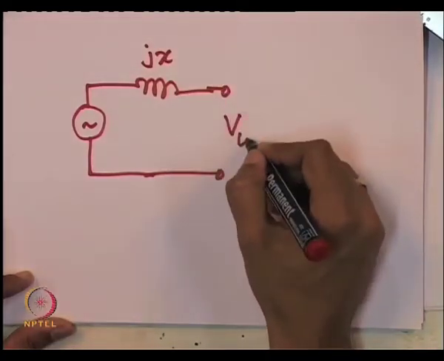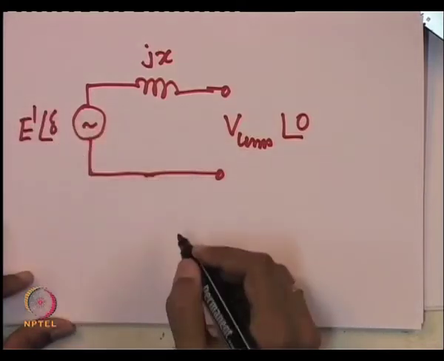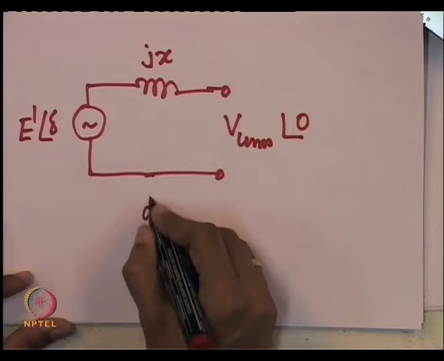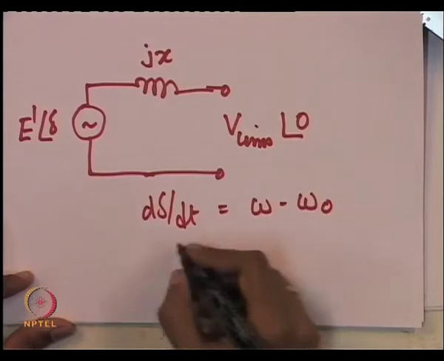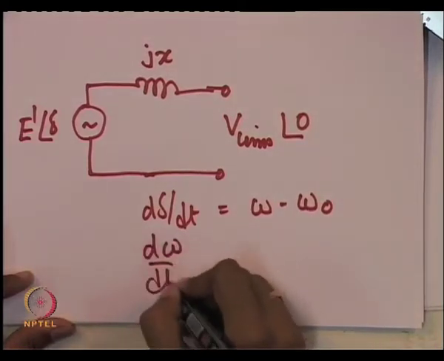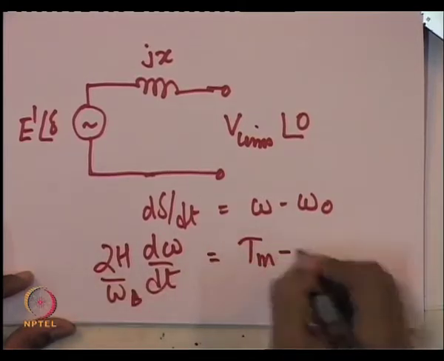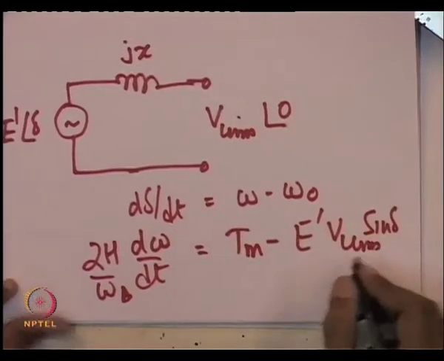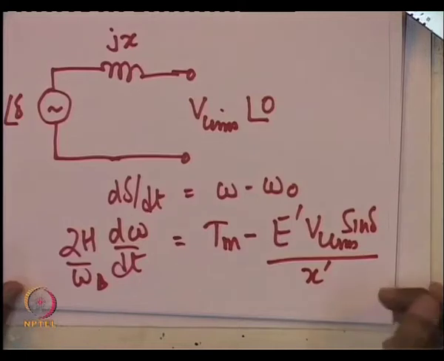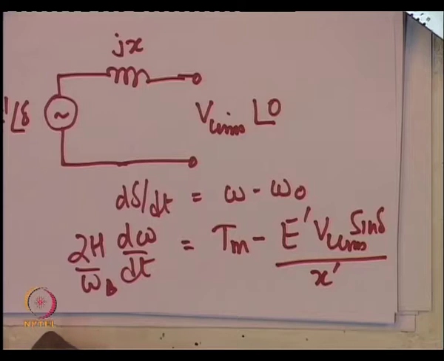This is V line to line RMS of the infinite bus, this is E dash angle delta, and the differential equations are d delta by dt is equal to omega minus omega naught. Omega naught is the frequency of the infinite bus, and d omega by dt itself is nothing but T m minus E dash V line to line RMS sine delta by x dash. So, this is exactly the toy model which we used in the second lecture.